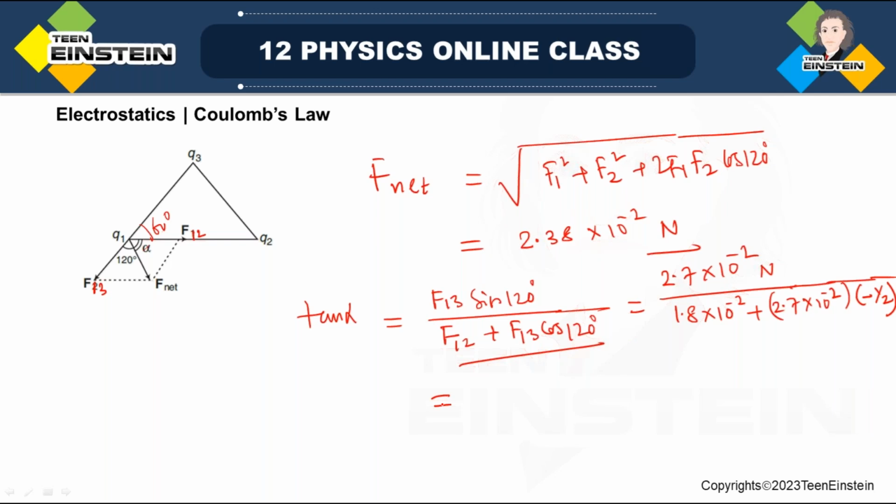So if we do this calculation and find out alpha, it will be nearly 79.2 degree. Okay, obviously this requires maybe a calculator, but in your exam what will be given is straightforward, so that you don't require any calculator.